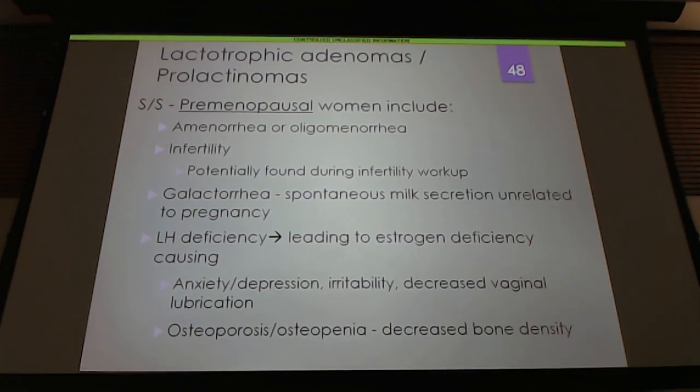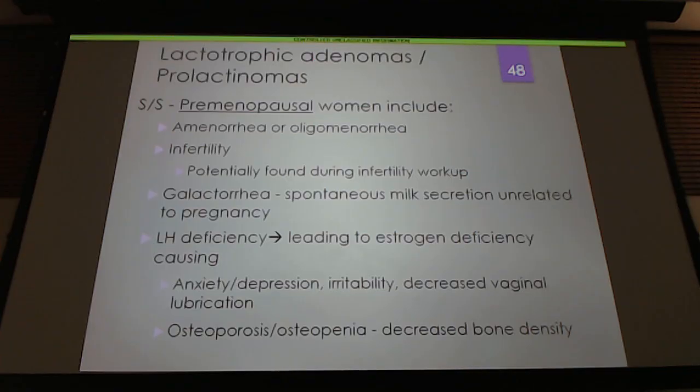They're going to have irregular menstrual cycles. Typically, either they're not going to have any period, so amenorrhea, or oligomenorrhea, which means it's decreased, okay? Infertility for sure. If I'm messing with LH, then it's going to impact estrogen and fertility, right? So sometimes they may come in for irregular menstrual cycles, or they may come in because they can't get pregnant.